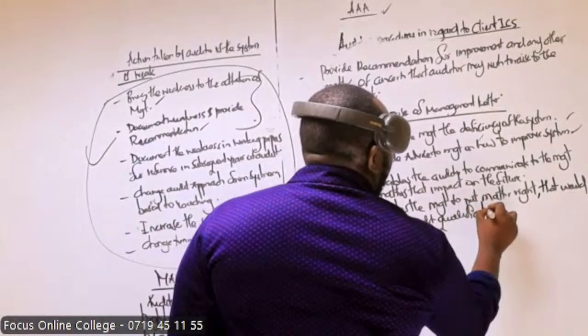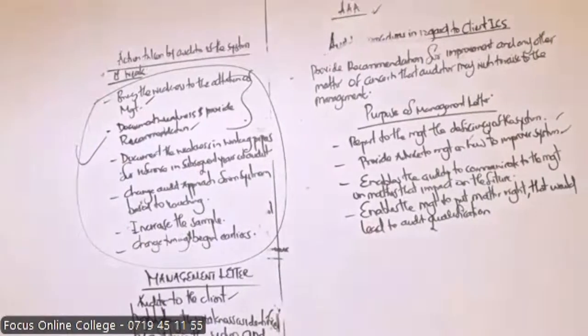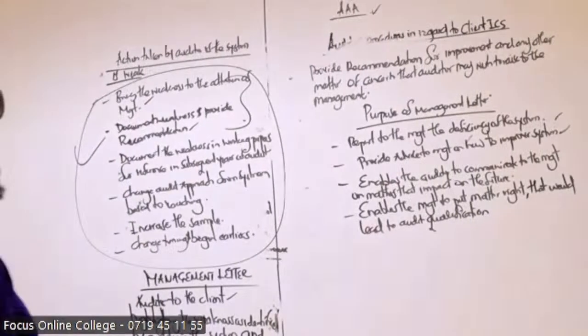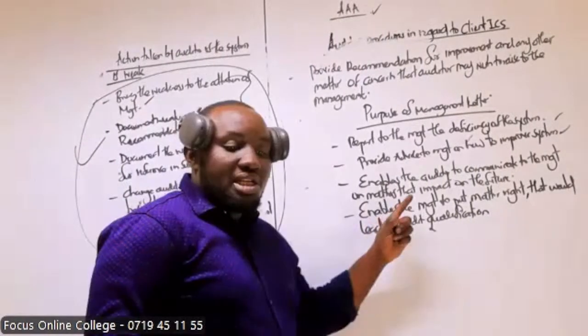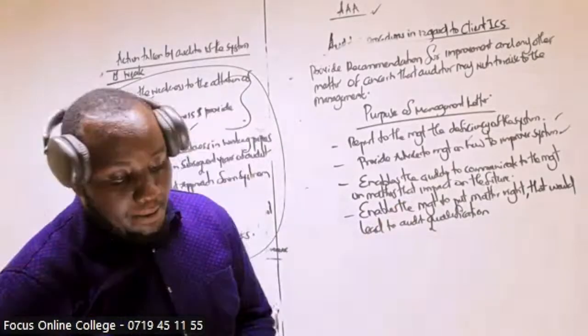So put right those issues that will make an auditor issue a qualified report. Together. Put those matters right that will make the auditor issue a qualified report. The rest you can read in the note.